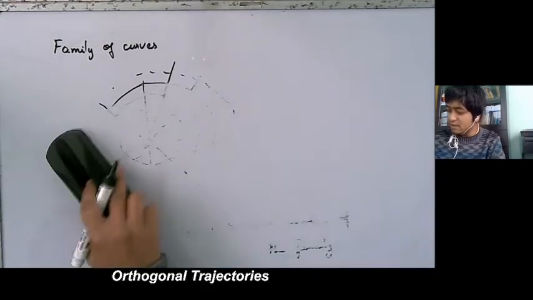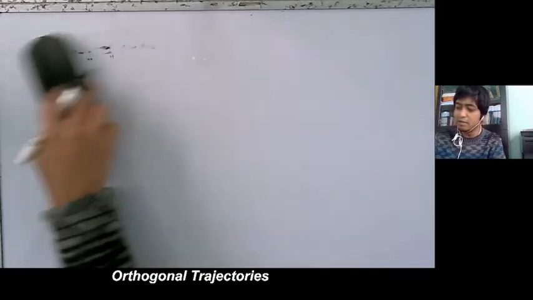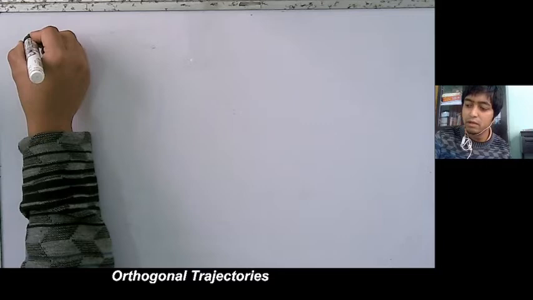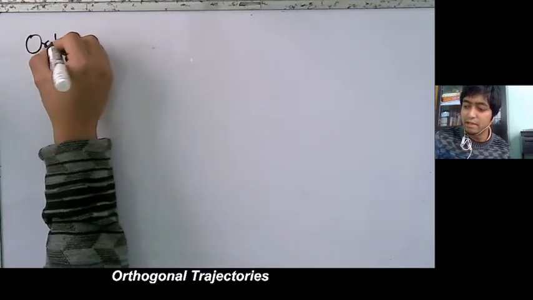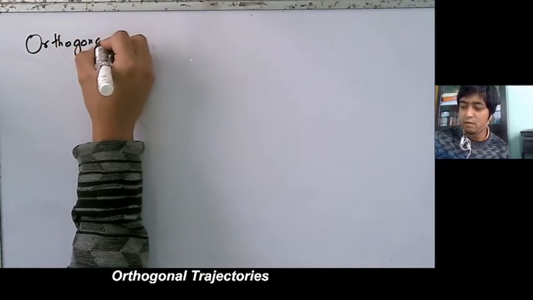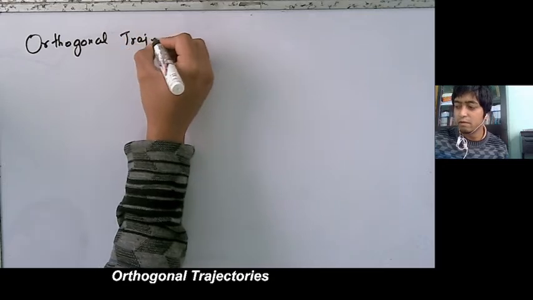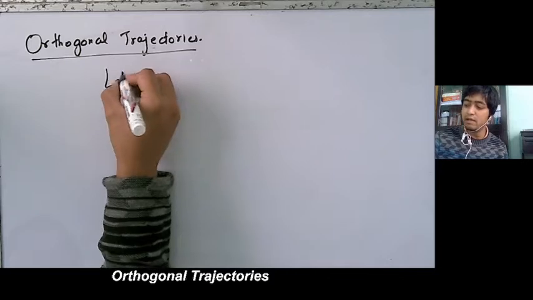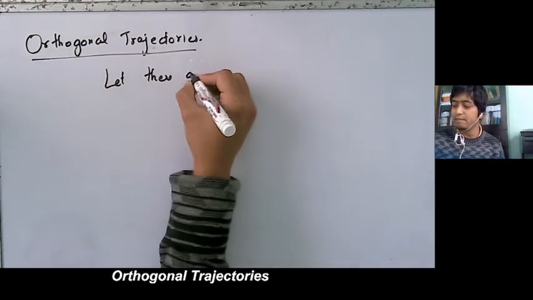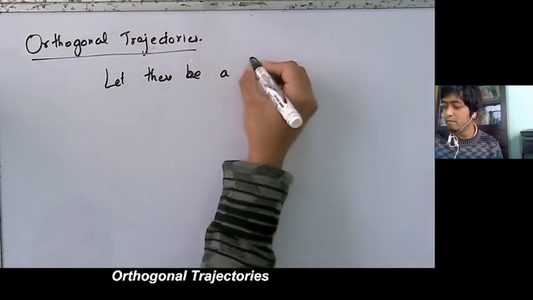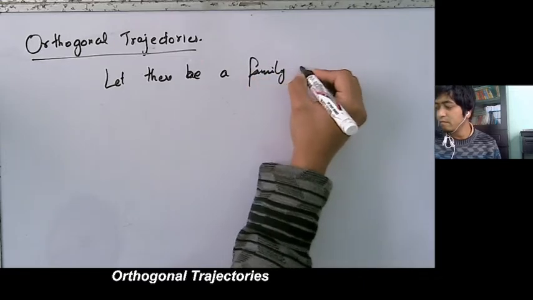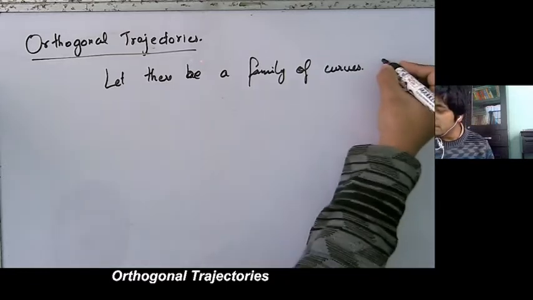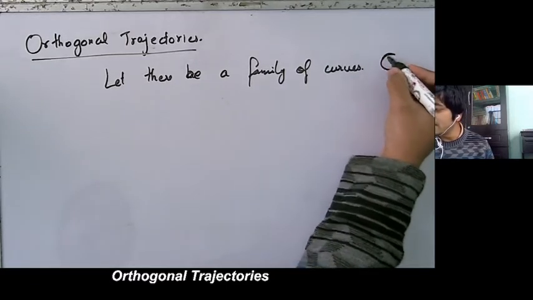Now let us define. I think with that example, it has become a bit clearer what we are going to do. So I will define orthogonal trajectories in this way. Let there be a family of curves, and let us say that this family is represented by C1.